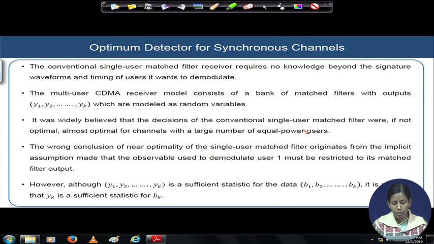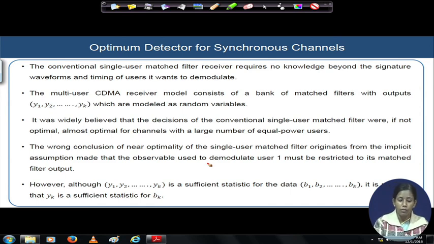This conclusion of near optimality of the single user matched filter came from the fact that people believed the observable used to demodulate, say, user 1 must be sufficient, and they restricted the demodulation process for a typical user to his own matched filter output only.